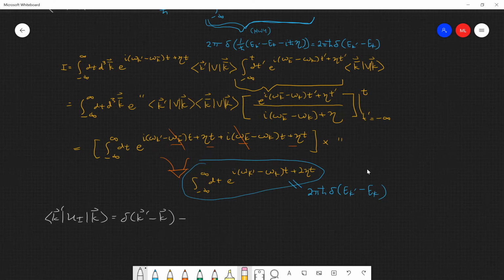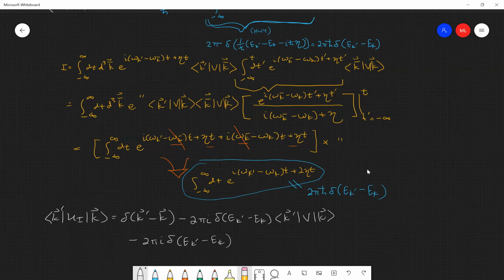Then you get minus 2 pi i delta function in the energies times this matrix element, k prime V k. And then you get the same thing, minus 2 pi i delta(E_k prime minus E_k).